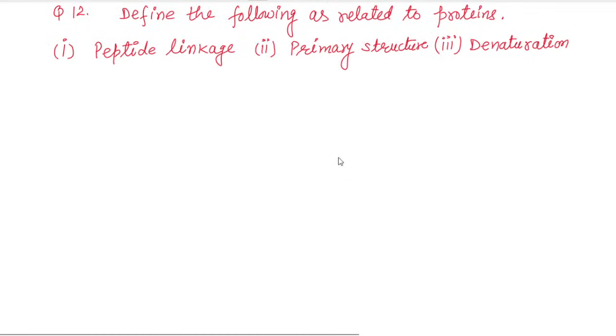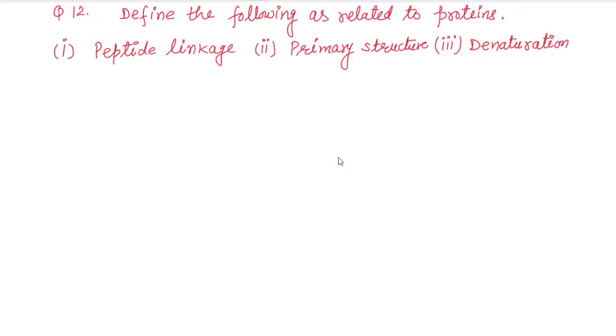Now next, define. Today I have written the questions. Define the following as related to proteins. First is peptide linkage, as the name suggests. What do you mean by peptide linkage? How are proteins formed?